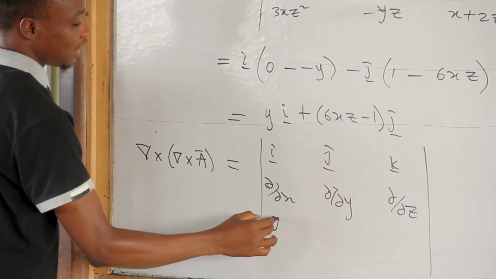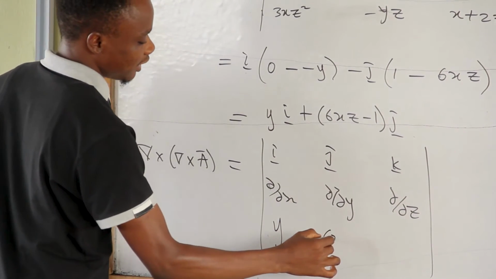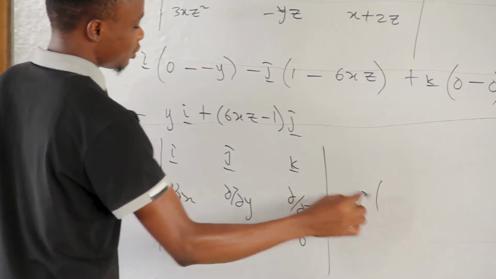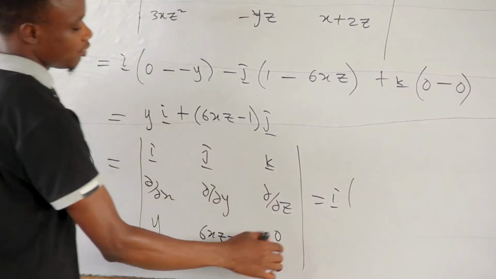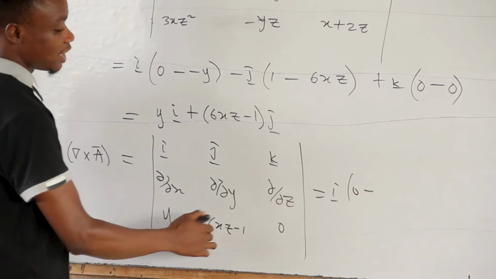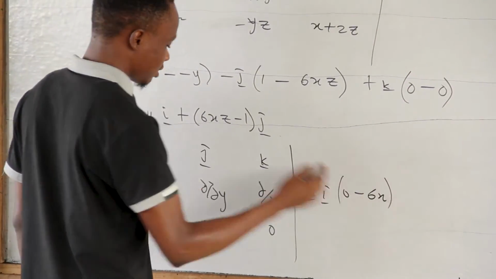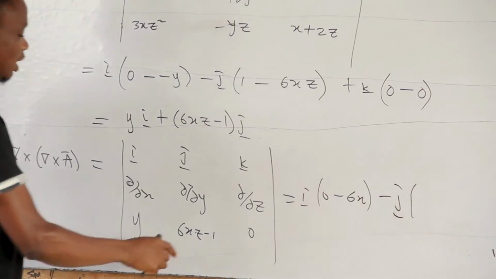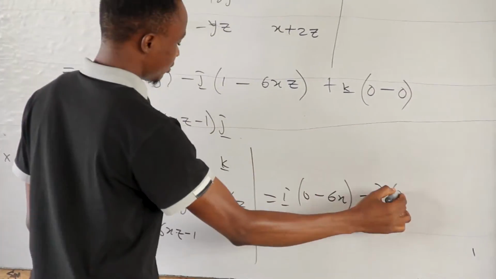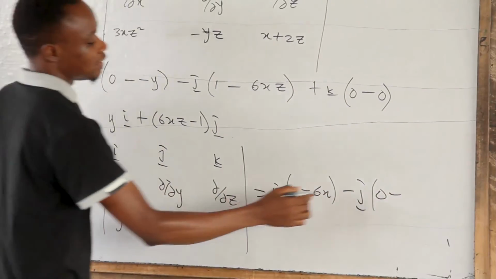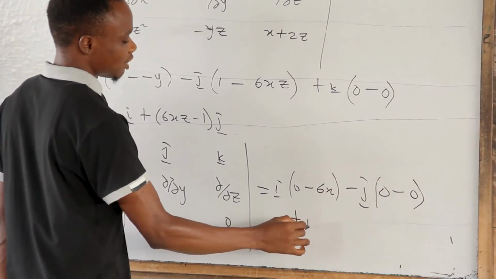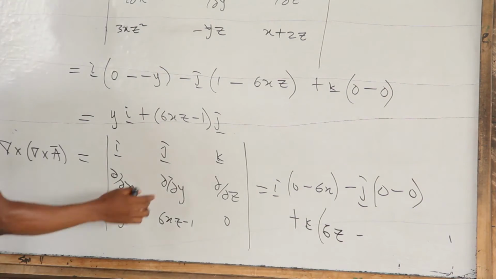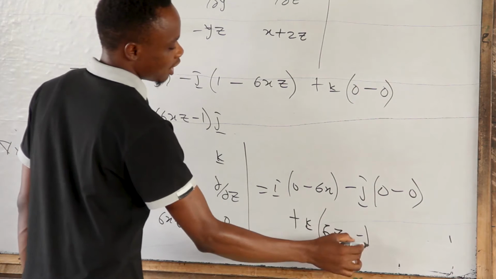It's going to give us i into this, because this is going to give us 0 minus this with respect to z, that will be 6x. Altogether, the minus j in this, with respect to x, this is 0 minus with respect to z, this is 0. We're going to have the last one: with respect to x, this is 6, minus with respect to y, this is 1.